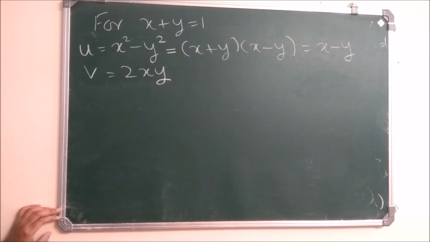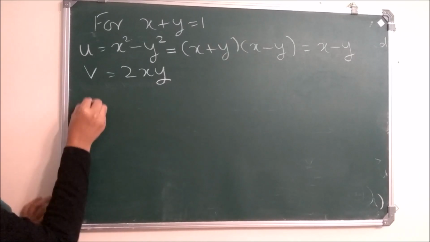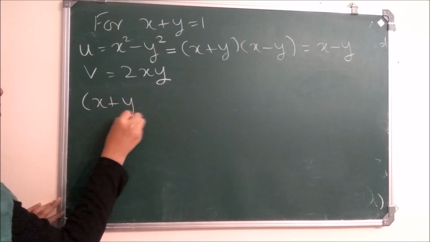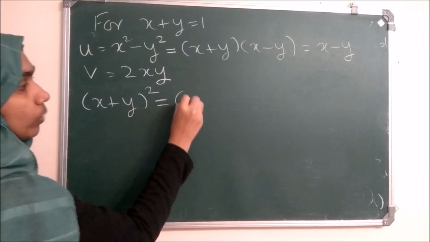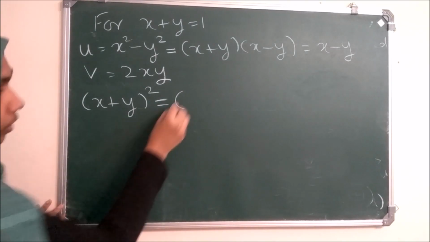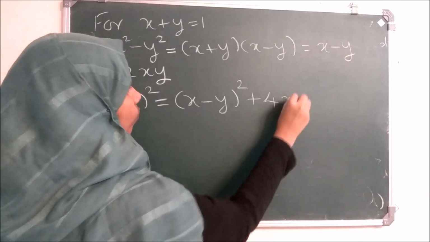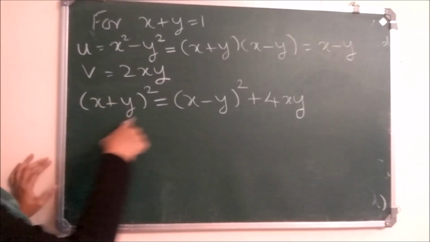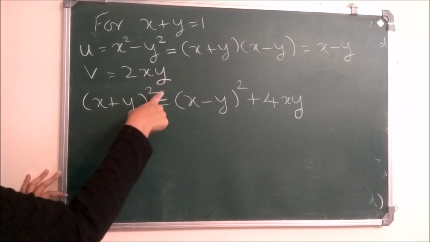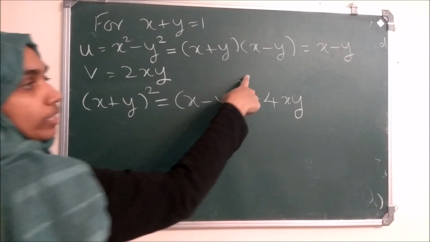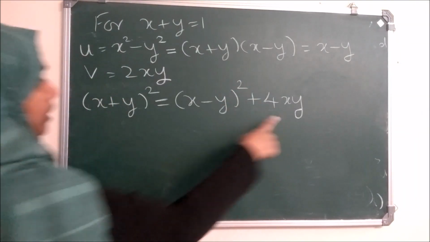Now we have to eliminate X and Y from these equations. We can use this formula. You already know this. X plus Y the whole square is equal to X minus Y the whole square plus 4XY. You already learned this formula in algebra.